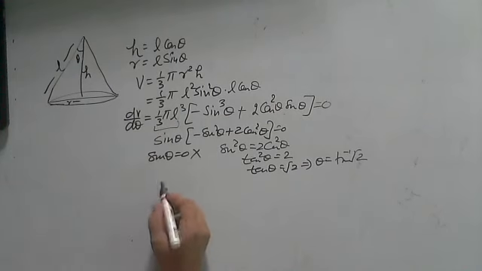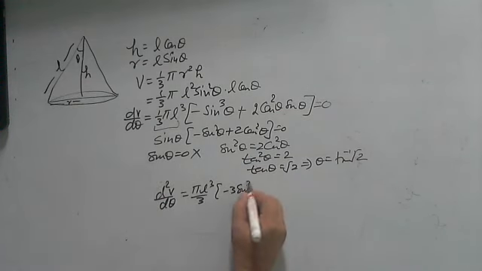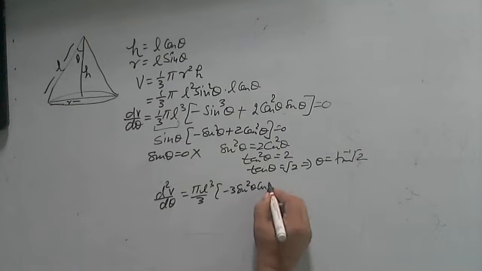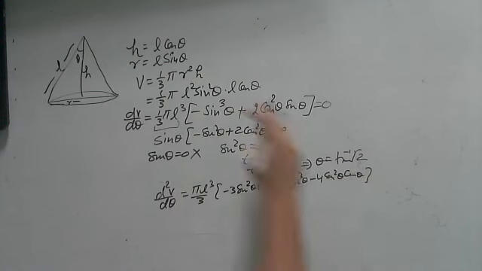To check whether it is maximum or minimum, we need to find the double derivative d2V by d theta square. You should practice finding it. Pi L cube upon 3 is there, and when you take the derivative it is something like minus 3 sin square theta cos theta plus 2 cos cube theta minus 4 sin square theta cos theta. From here I have taken, this is just the solution.